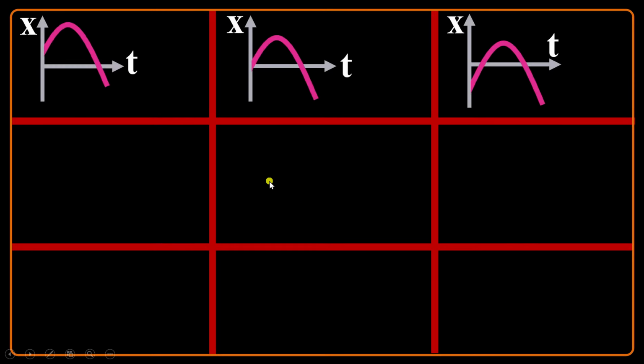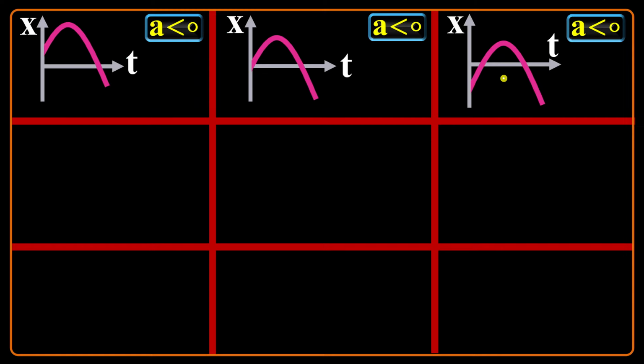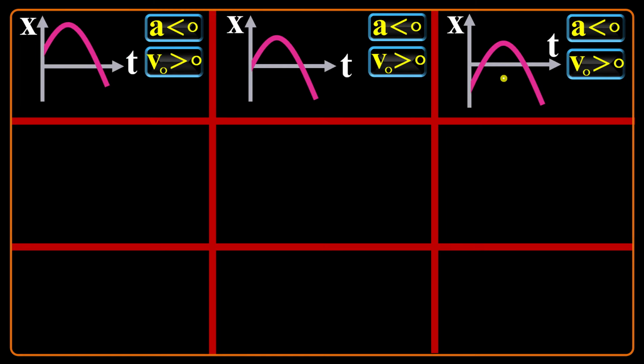Look at these three x-t graphs. As you see, the first, the second, and the third are all concave down graphs because the concavity is negative in the three. So acceleration is negative in the three cases. But the initial velocity is positive, because at the beginning I see the positive slope, at the start of the graph.